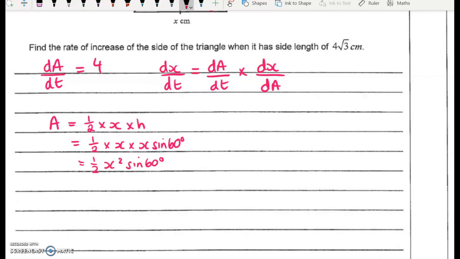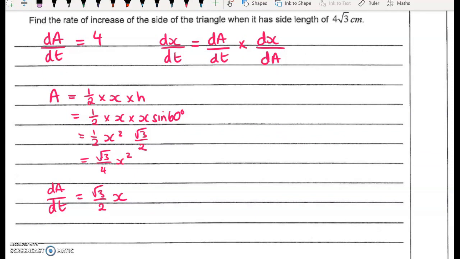That's one of our special triangles. So sine 60 is actually the same as root 3 over 2. So we end up with root 3 over 4 x squared. So dA by dt, if we differentiate that now, we'll bring the 2 down, it becomes 2 over 4, so that becomes a half. So root 3 over 2 times x.